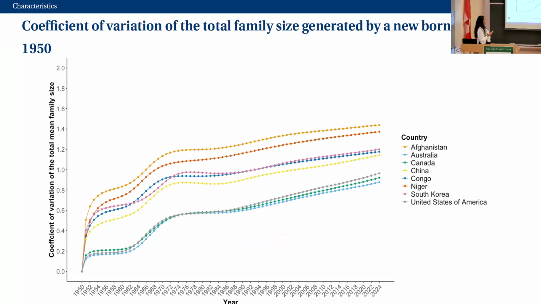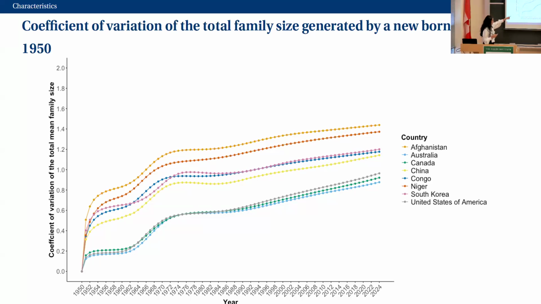So here you see the coefficient of variation of the family size that I showed earlier. And in general, we see that with time, the variability increases for the average number of descendants alive. But an interesting feature in this graph is, based on this characteristic, we can divide these countries into one of three baskets: high, mid, and low.